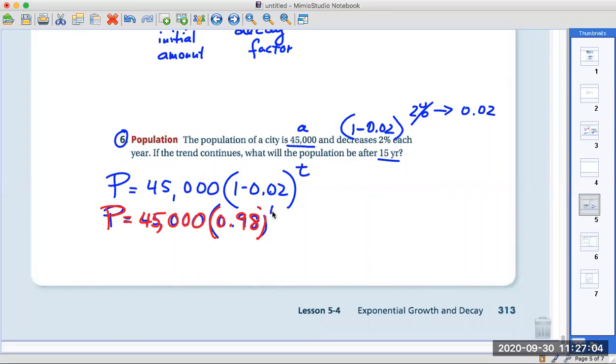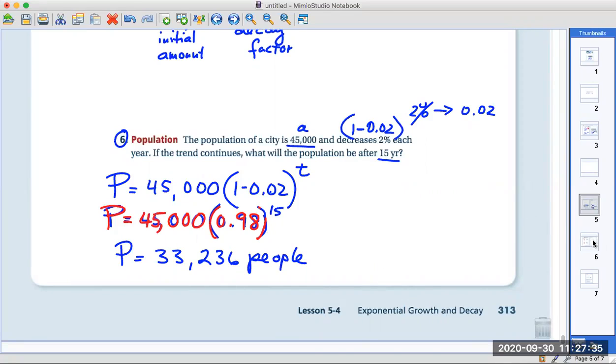So I'm going to put 15 here. Use your calculator: 45,000, parentheses, 0.98, close parentheses, power 15 equals. And you will get 33,236 people rounded. You can't have part of a person. See how that works?